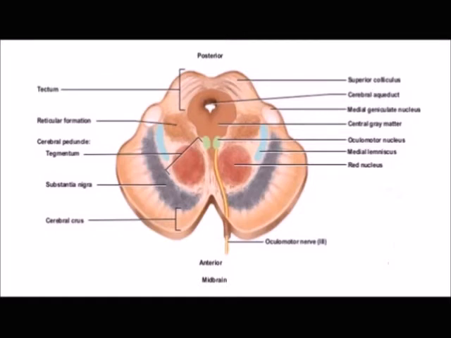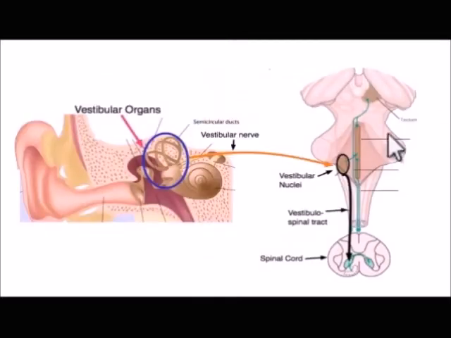So it is here that you will find the tectum in the midbrain, and the medial longitudinal fasciculus receives the connection from vestibular nuclei and is connected to the tectum. That means it is connected to the superior colliculus and inferior colliculus that are concerned with visual control and auditory control respectively.